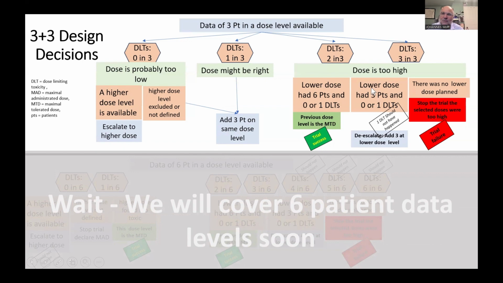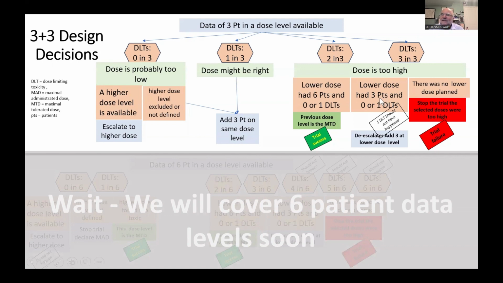If the previous dose level, however, had only 3 patients, and among those 3 patients there was no or 1 DLT observed, then you de-escalate. Of note, 1 observed DLT should not occur, because if this was among those 3 patients, they should have gone down that way, and there should be more than 3 patients by now. But medicine is complicated. Clinical trials don't always go the way you want.